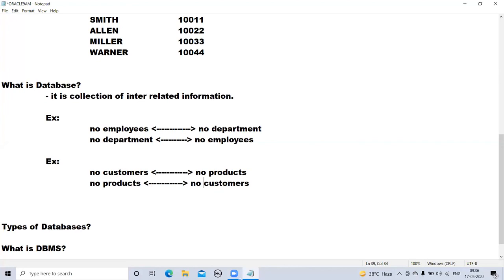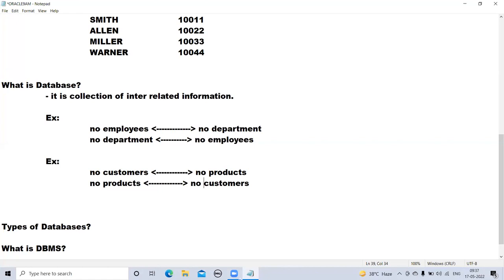When customers are there, definitely products are needed. When the products are there, customers will come to you. When customers are not there, there is no use of products. When products are not there, there is no customer to our shop. So this is again called dependency on each other. Customers depend on products, products depend on customers.